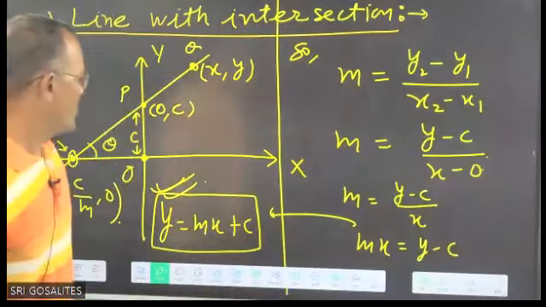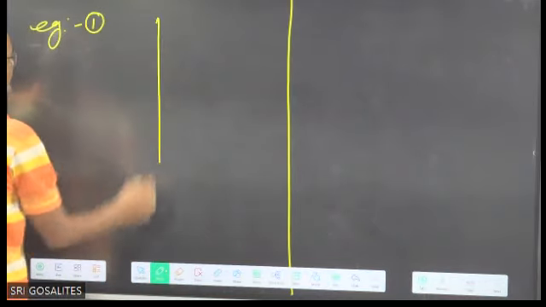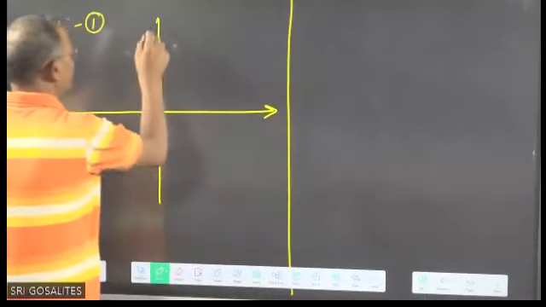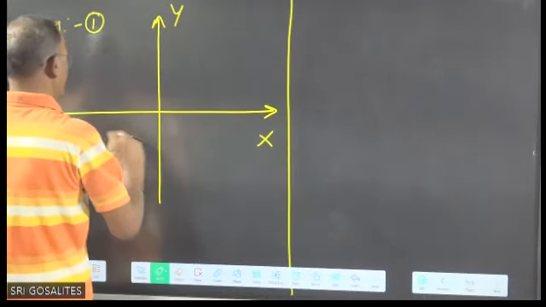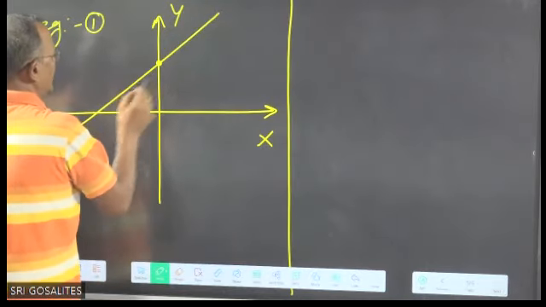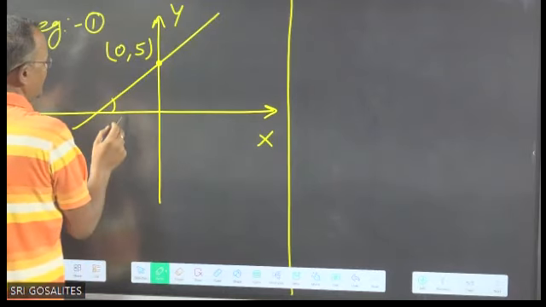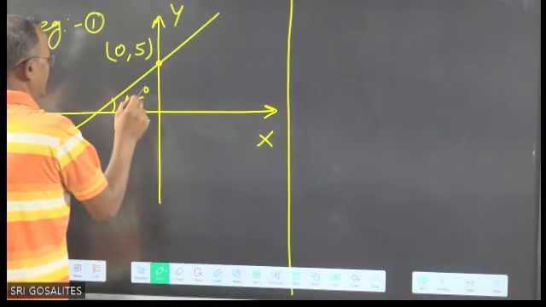Okay. So see, let us take an example. Suppose a question comes like this. There is a line given to us. Here the coordinates are 0, 5 and the angle is 45 degrees.